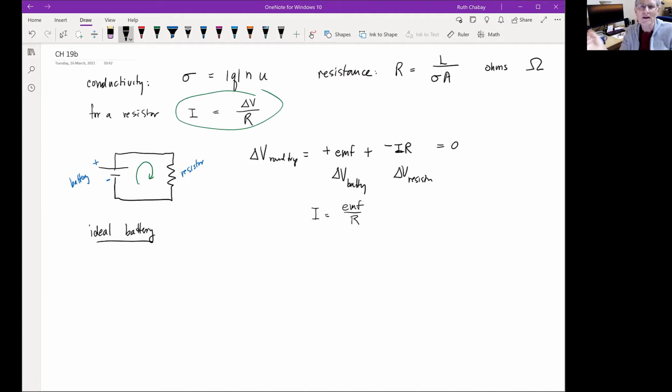Well, the ions don't have infinite mobility in the battery. If we talk about an ideal battery, it means that the ions basically have infinite mobility. But in fact, they have quite finite mobility.